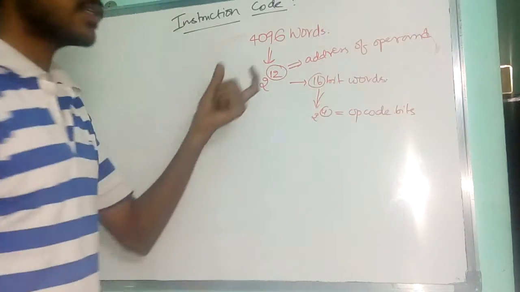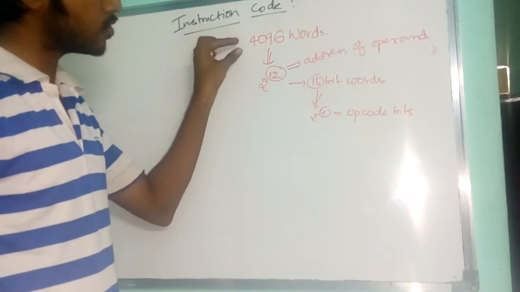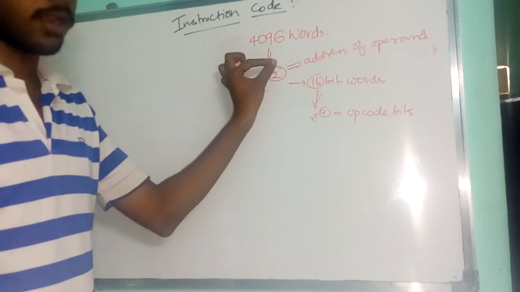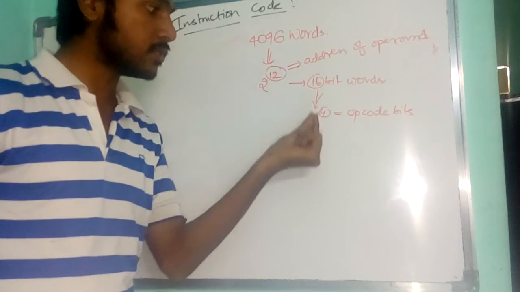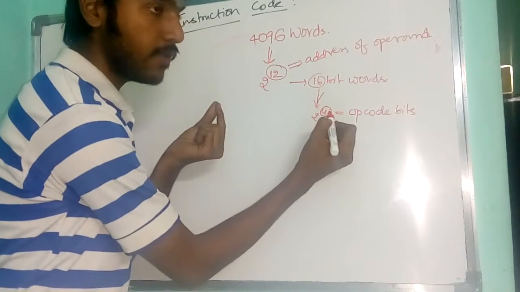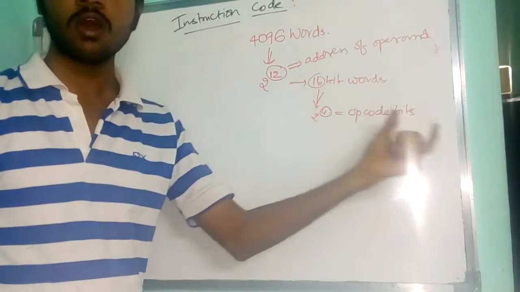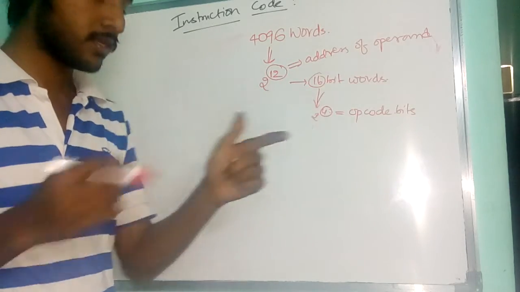Basically, I have my memory space in a computer of 4096 words. 4096 can be depicted by 2 power 12, 2 power 12 16-bit words. 16-bit means 2 power 4. So whatever n value I am getting here is used for opcode bits, and the remaining 12 bits are used for the address.